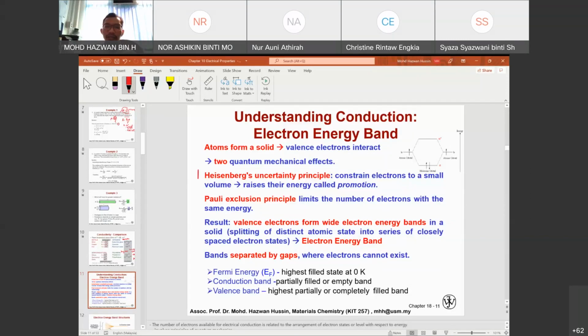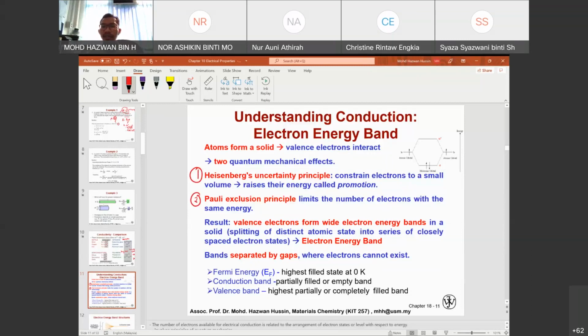You have the Heisenberg uncertainty principle, and you also have the Pauli exclusion principle. Heisenberg's uncertainty principle says that constraining electrons to a small volume will later give rise to their energy, which is called promotion.